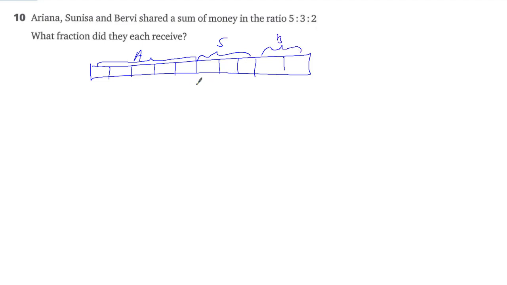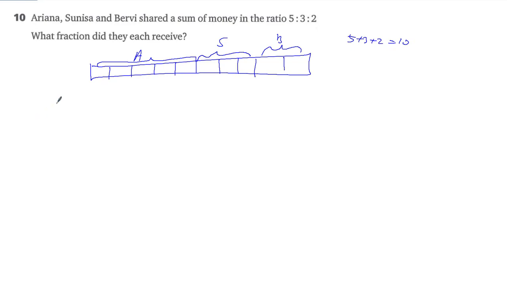So, what does this tell us? If they had some money, they must separate them into 10 equal parts. Why? Because 5 plus 5 plus 3 plus 2 is 10. Now, what fraction did they receive?